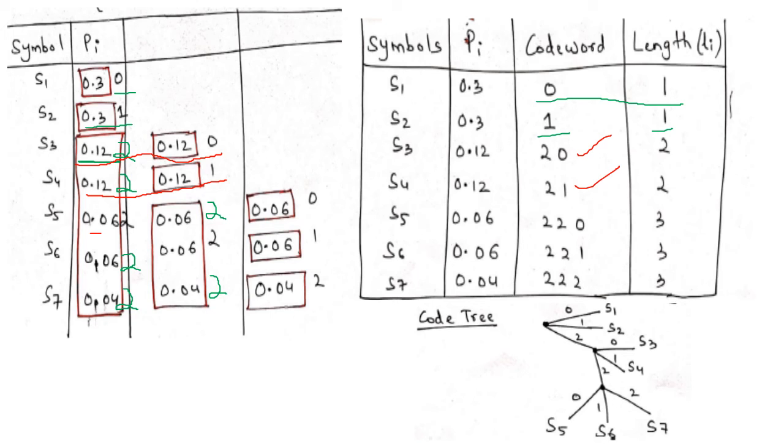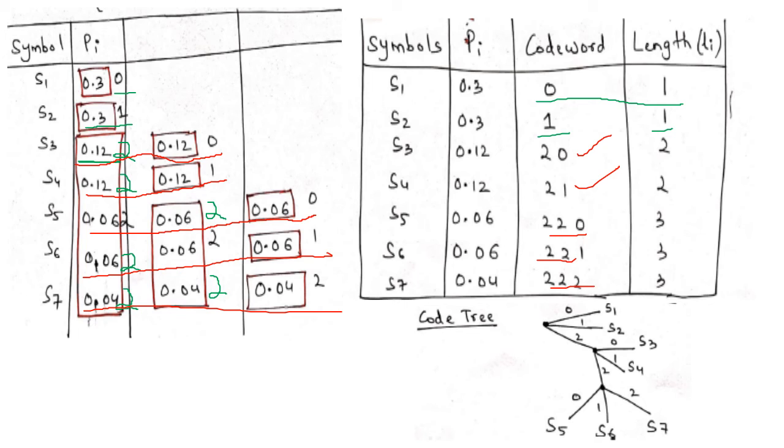For the next one, code word is 220. For the next one, 221. For the last element with probability 0.04, code word is 222. And the corresponding bit length is represented in the last column.